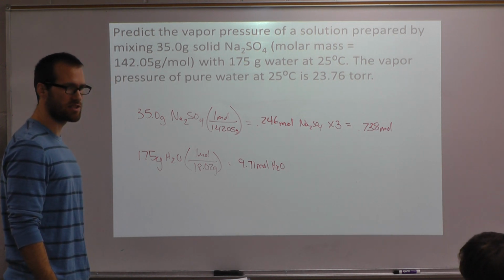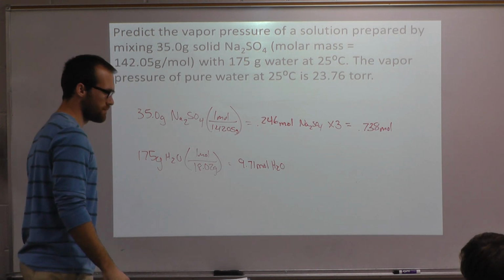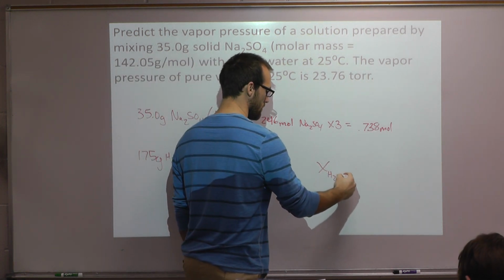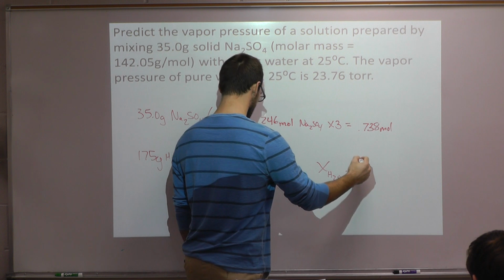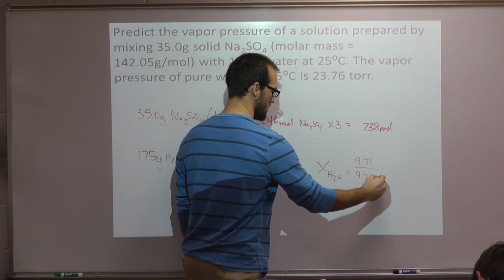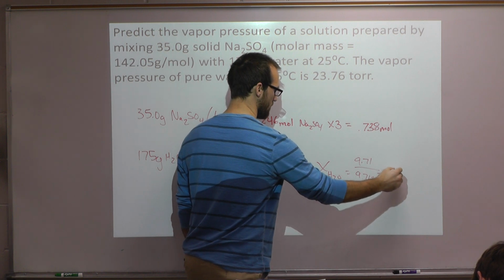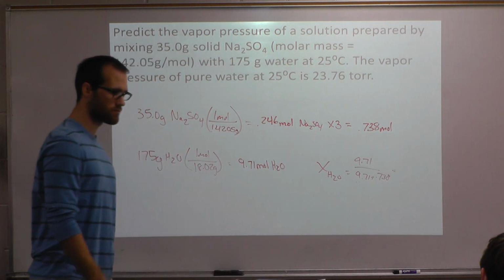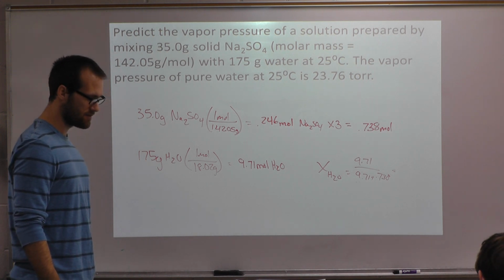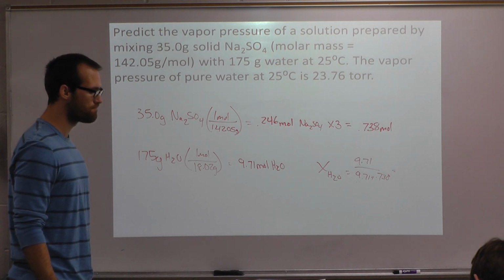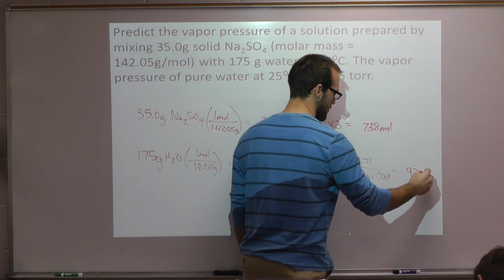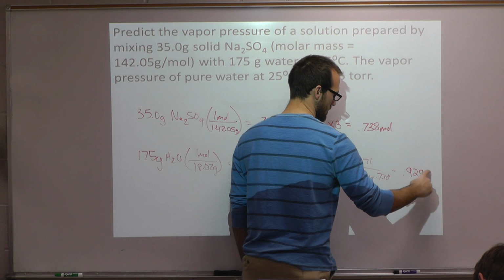Okay, then to finish this, you would do what? We got 9.71, 9.71 plus 0.738. The answer of those two added together should give you 0.929. That's unitless.